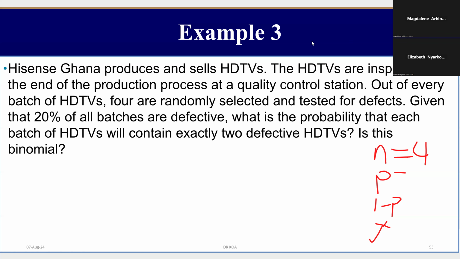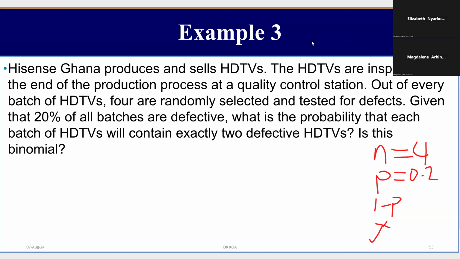Why is it 0.2 and not 0.8? Because it says given that 20% of all the batches are defective. So the probability of success is the defective item. That's all I need. The probability of success is a defective item.